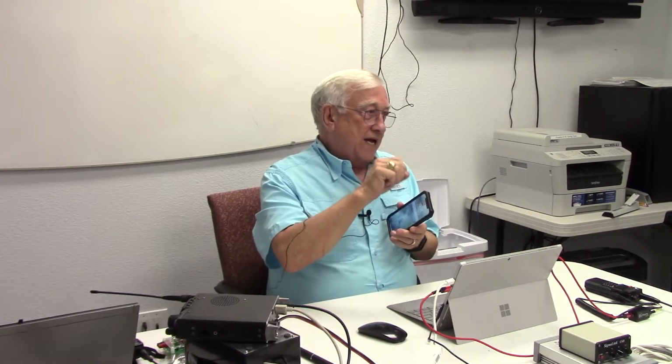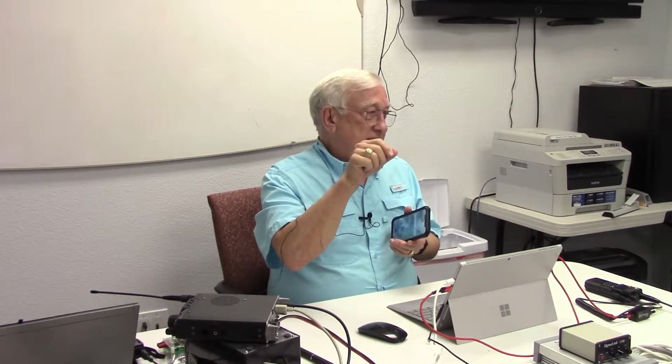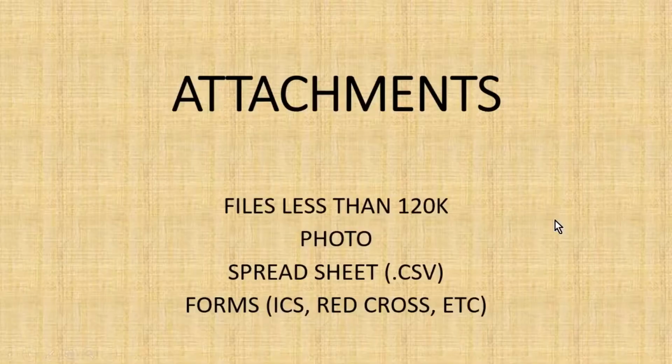Each carrier has its own way of sending a text message. AT&T, which is this phone, is your phone number at txt.att.net. And that gets it to it. So pretty good.